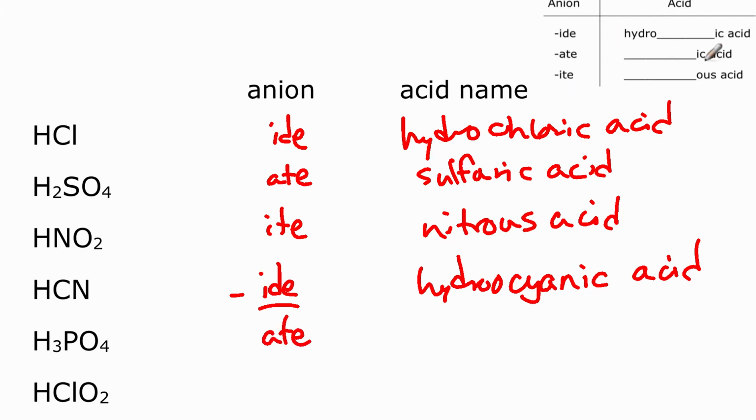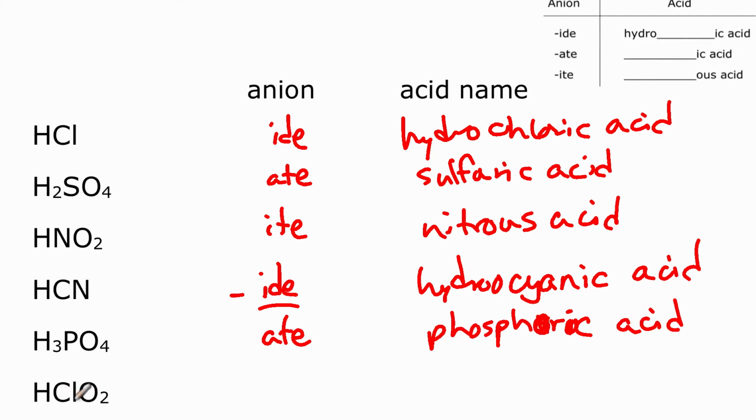My rule for "ate" is right there, so I just change the "ate" to an "ic." So instead of phosphate, this is one where we sort of throw something else in there, phosphoric acid, just to make it sound more chemical-ish. And so instead of calling it phosphic acid, we'd call it phosphoric acid.